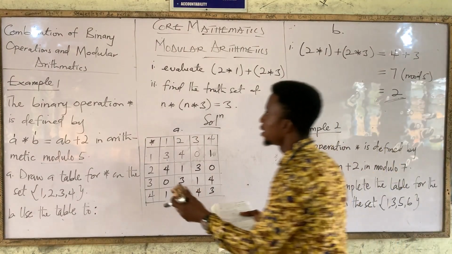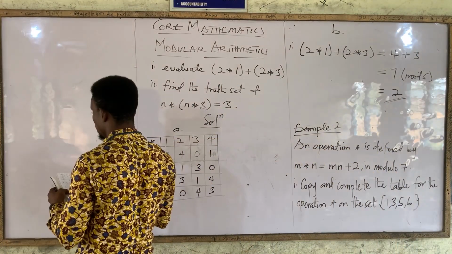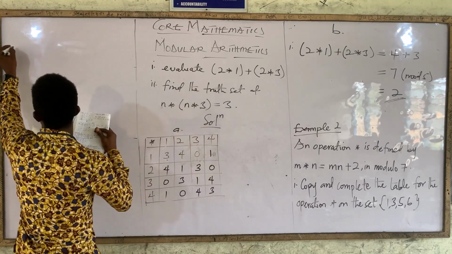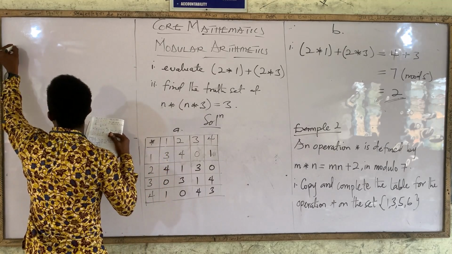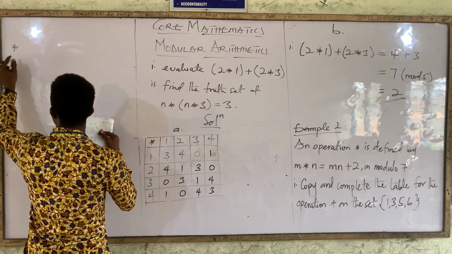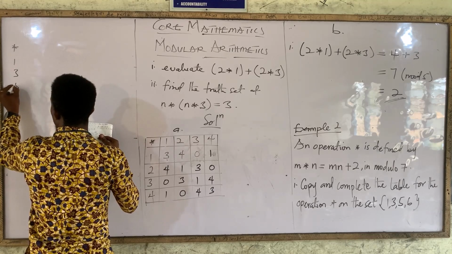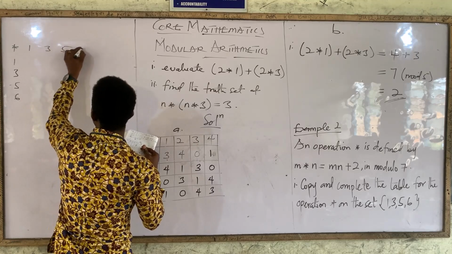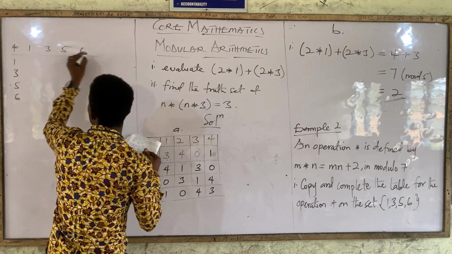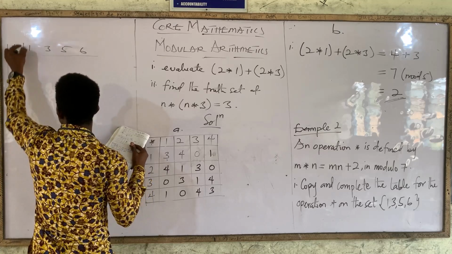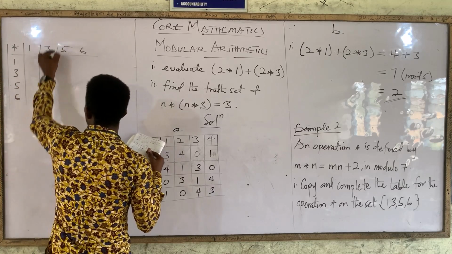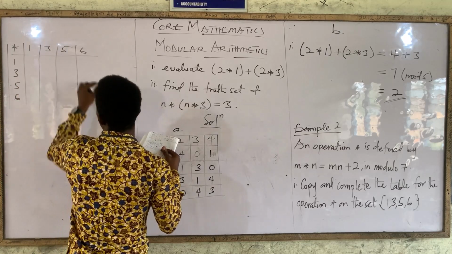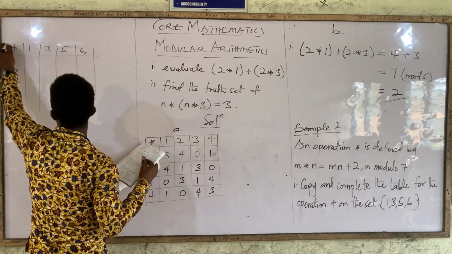And the table says I have this: 1, 3, 5, and 6. 1, 5, then 6. So I have it this way.